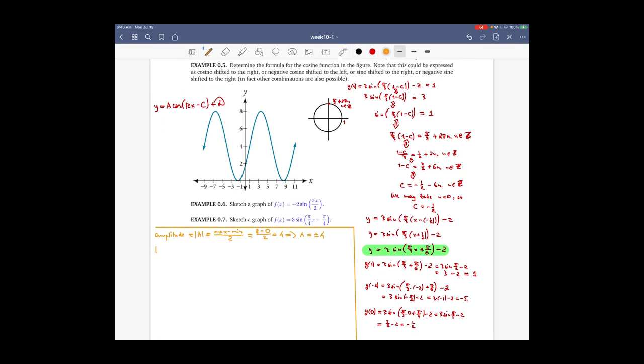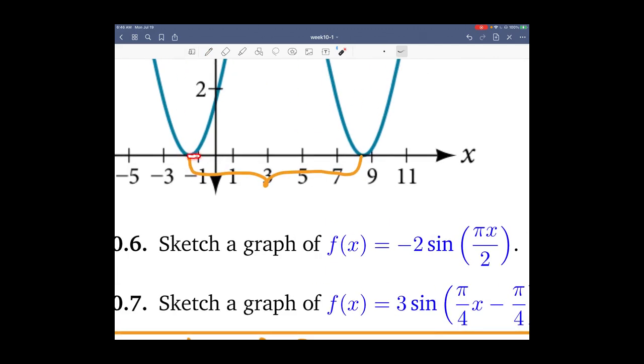Anyway, what's the period? Period is, on the one hand, 2 pi over the absolute value of b. On the other hand, the distance between two minima looks like this distance here. This is a little bit short of -1, and this is a little bit short of 9.